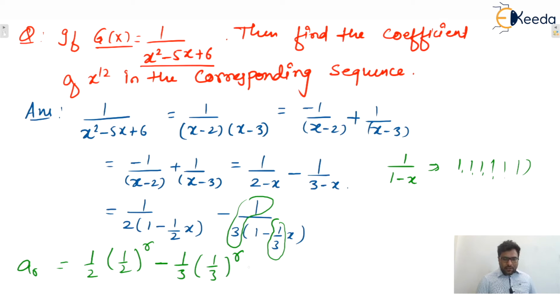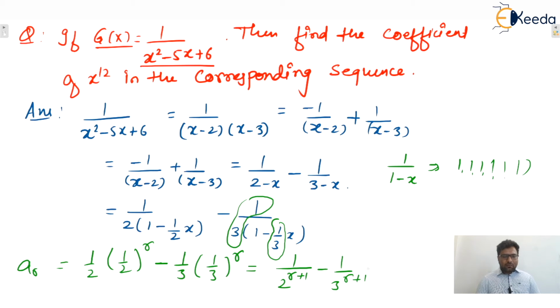So ultimately this is going to be 1 upon 2 raised to power r plus 1 minus 1 upon 3 raised to power r plus 1. That will be the required sequence, whatever be the generating function given to you.